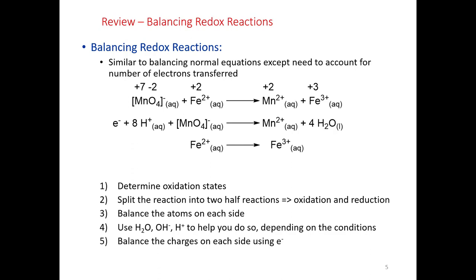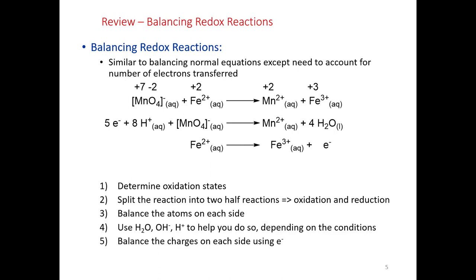So you add an electron to the reactant side of the reduction half reaction, and we need to use 5 electrons in order to balance the charge, because we have 8 positive charges from the protons and only 1 negative charge from the permanganate, whereas on the product side, we only have 2 positive charges. So if you add 5 electrons, the charges are balanced on both the reactant side and the product side.